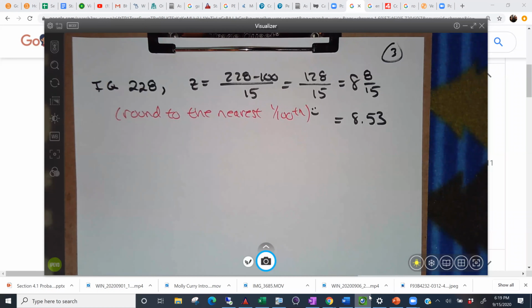So let's see if we can get an appreciation for just how unusual that is. And in doing this, I'm also going to do a little bit of review for you. So let's think back to the empirical rule. Does anyone remember what the empirical rule says? Oh boy.